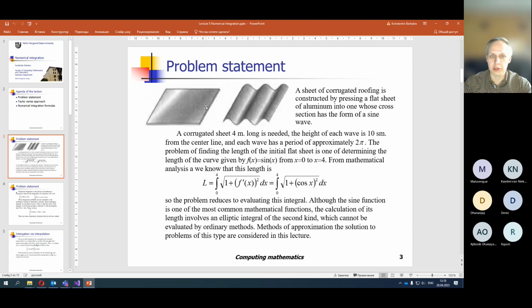And the question is, what is the length of the initial flat sheet? What flat sheet should we take to make a corrugated sheet 4 meters long?